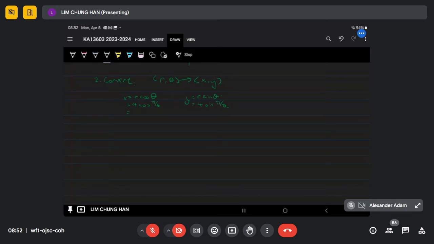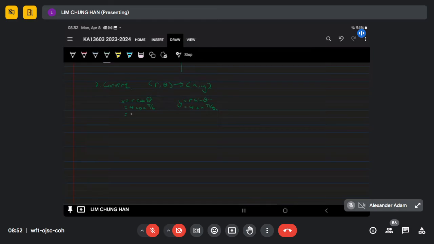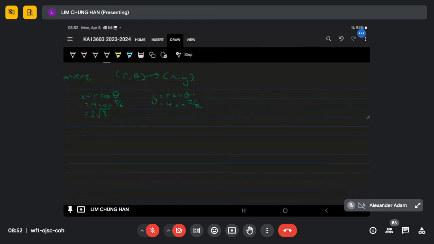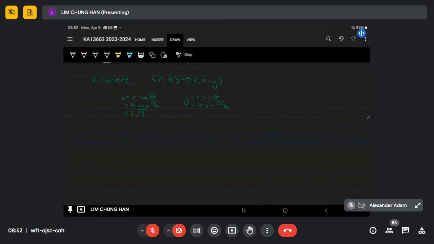Okay, I want it to display the exact answer, because if you give me a decimal point answer, it's an approximate answer. I want the exact answer, so it has to be a round number. Okay, so cos pi over 6 times 4 actually gives you the exact answer, 2 square root 3. You change the mode in your calculator to math, it will give you this answer.